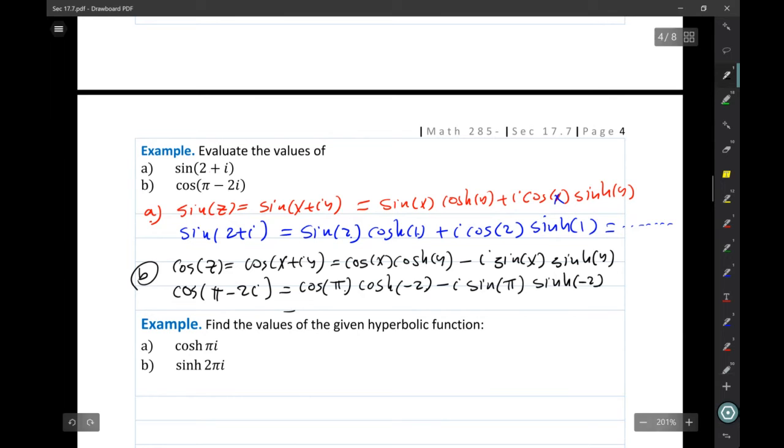Cosine of pi is equal to minus 1, times cos minus 2. Sin pi is 0, and 0 times anything is 0, so this is equal to minus cos minus 2.